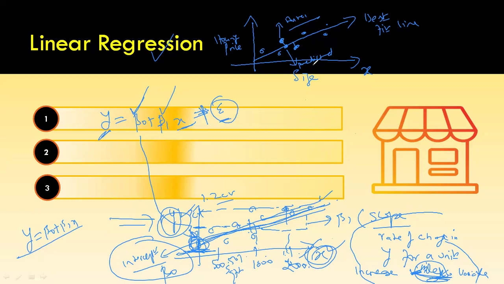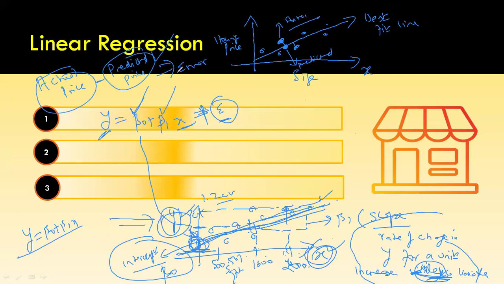This is your actual price, and this is your predicted price. What is the difference between actual price and predicted price? Okay, that is called your error.